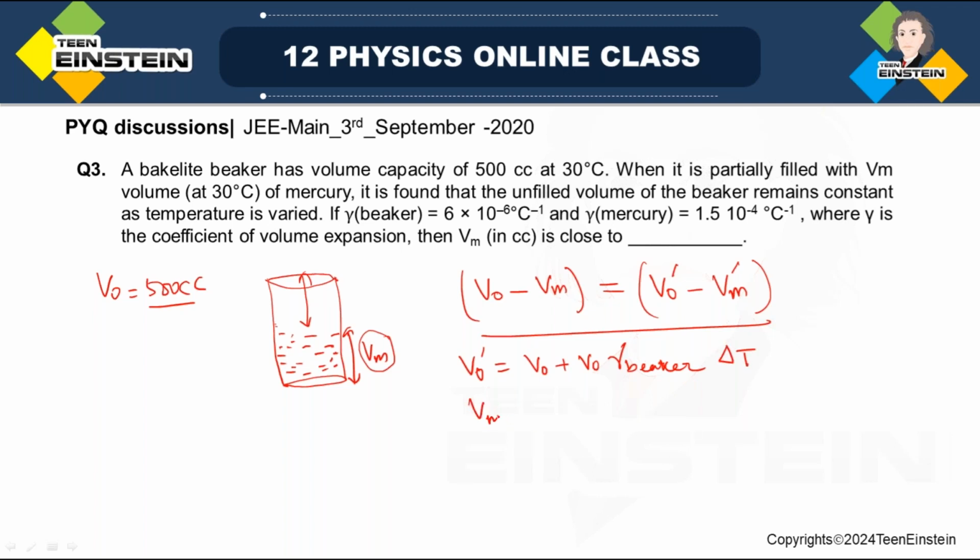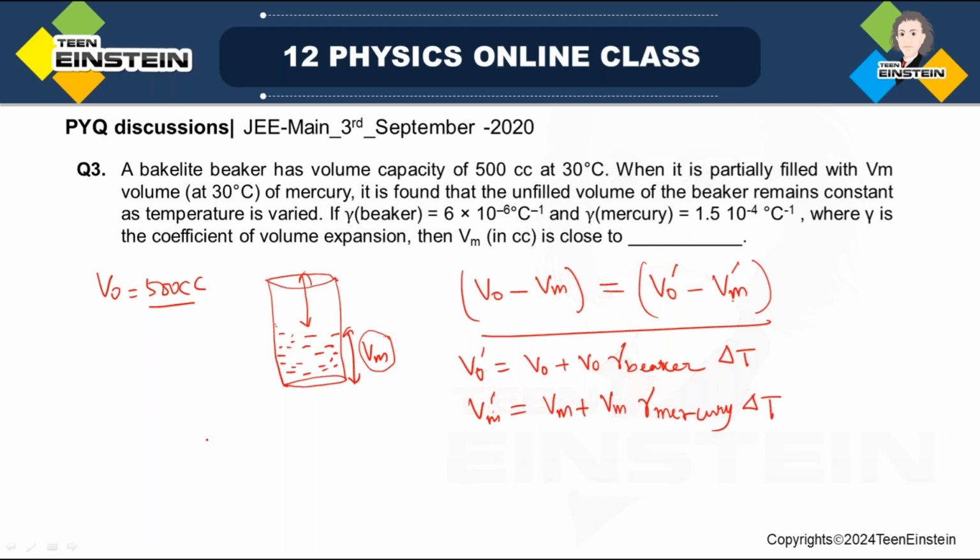And Vm prime, the modified volume of the mercury after increasing temperature, can be written as Vm plus Vm into gamma of mercury into delta T.